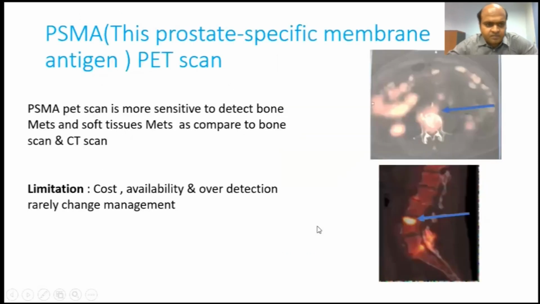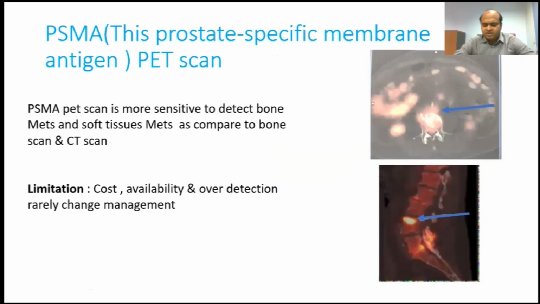The PSMA, that is prostate specific membrane antigen, PET scan is more sensitive in detecting bone metastasis as well as soft tissue metastasis as compared to bone scan as well as CT scan. However, it has its own limitations.